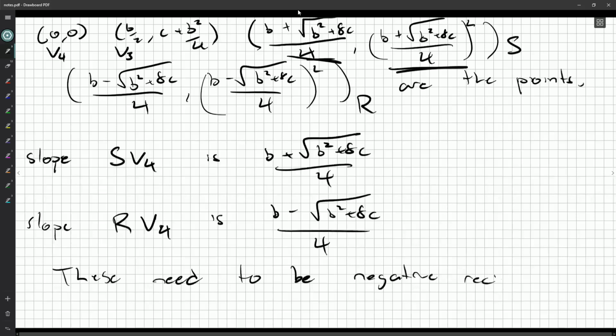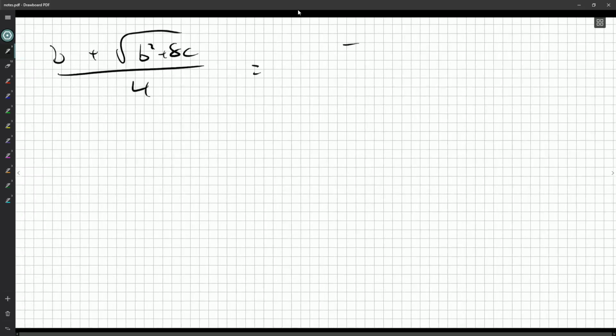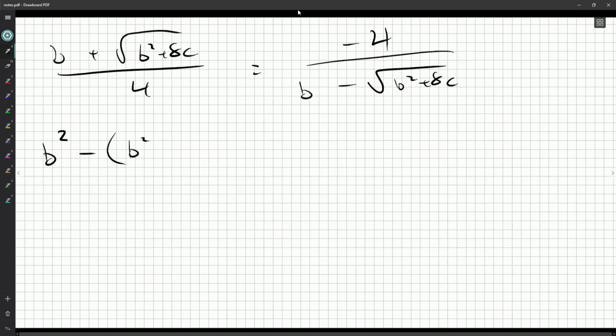So these need to be negative reciprocals. Alright, so b plus square root of b squared plus 8c all over 4 needs to be negative 4 over b minus the square root of b squared plus 8c. Okay, cross multiply, you'll get difference of squares, so b squared minus b squared plus 8c, and then you'll get a minus 16 over here.